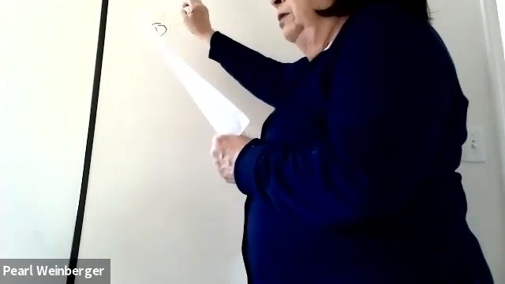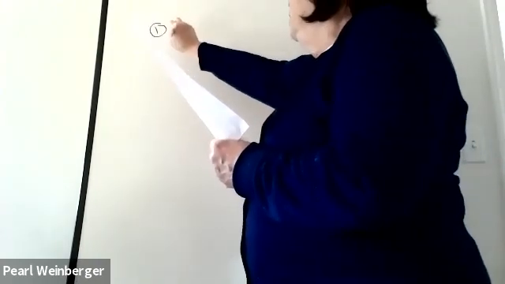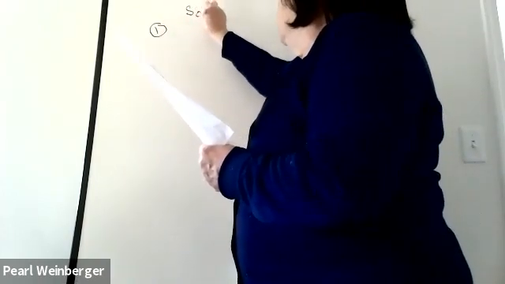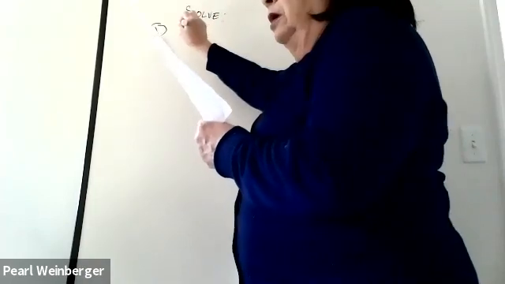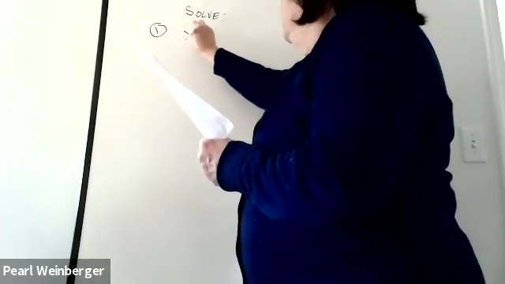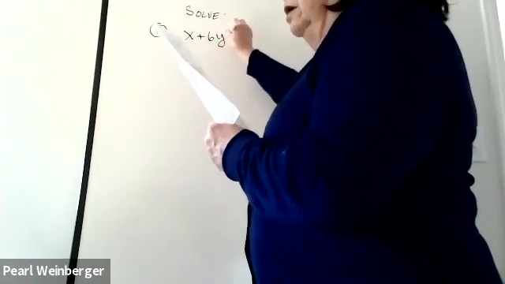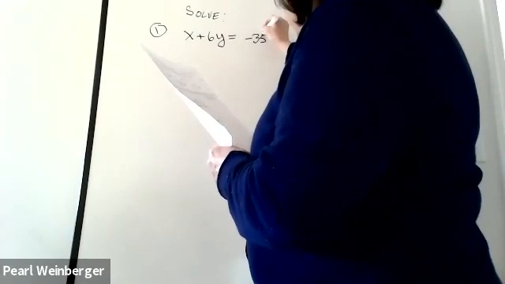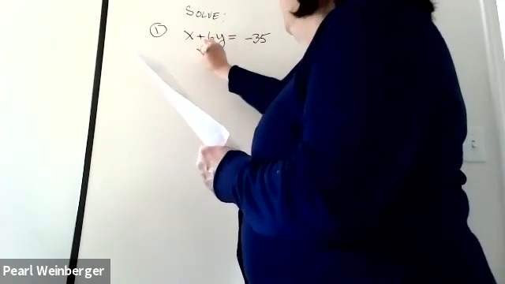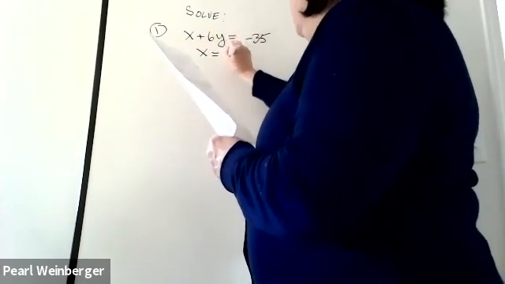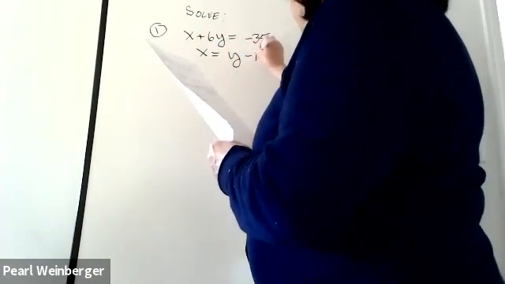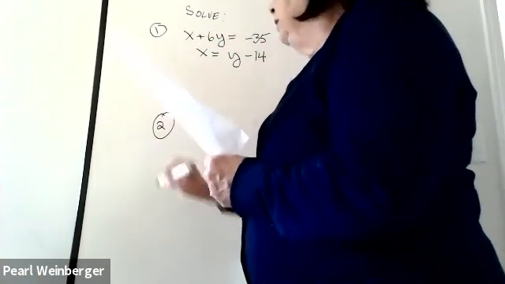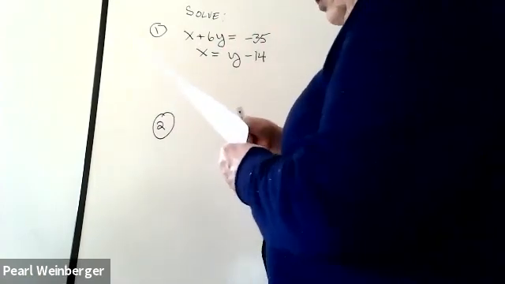I want you to solve x plus 6y equals negative 35, and x equals y minus 14. That's going to be 1. You're going to write these down because I'm going to have to erase them when I start working on them.